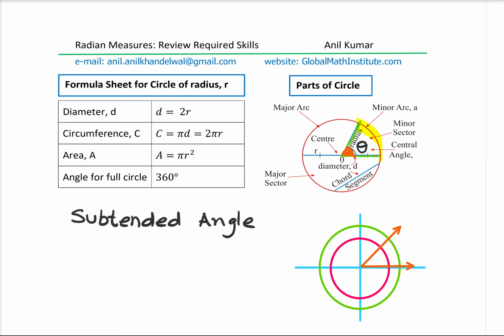let's continue further. Now here you see two concentric circles. They have the same center. What you notice is that the ratio of arc length, this is the arc length, to, let us say, that's the radius, right? So what you'll notice here is that the ratio of arc length A1 over R1 is equal to the ratio of the other arc and the smaller radii, so A2 over R2.